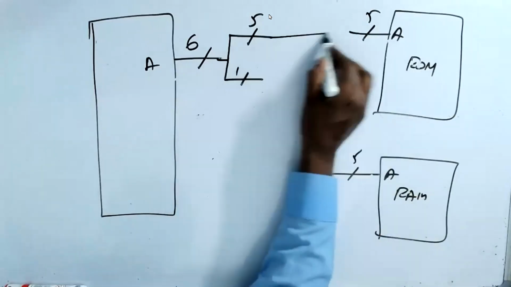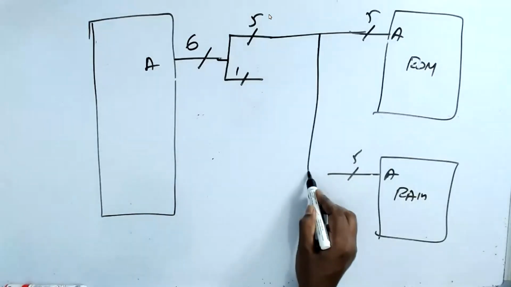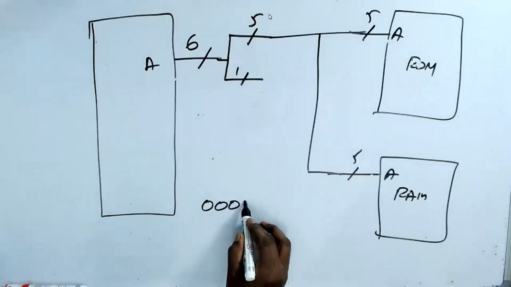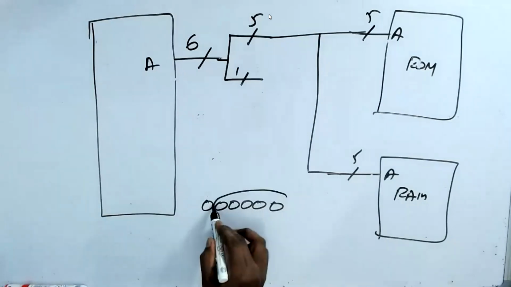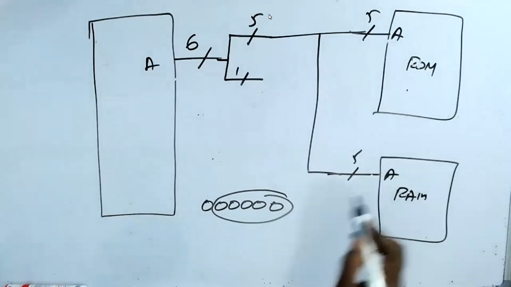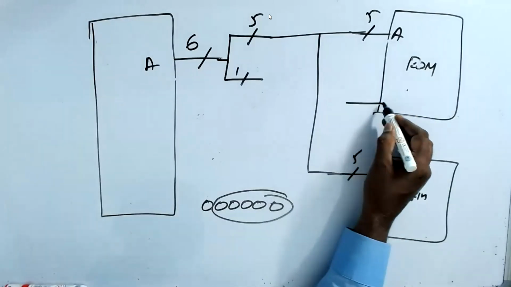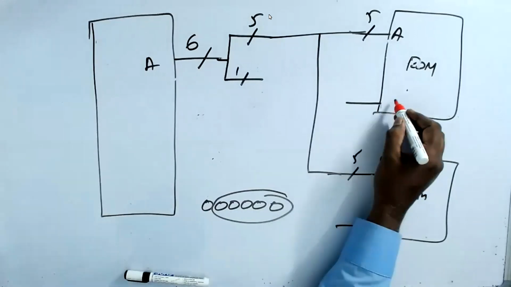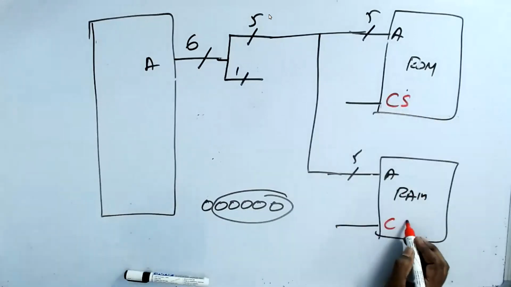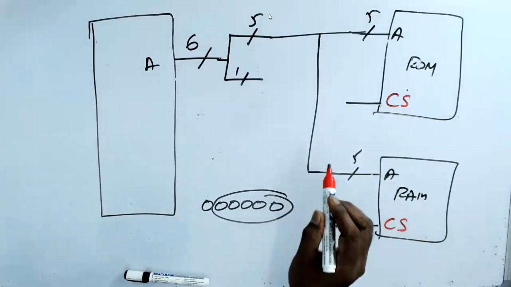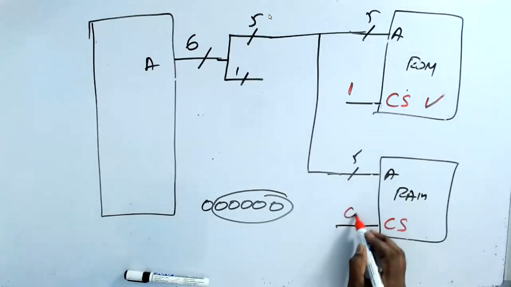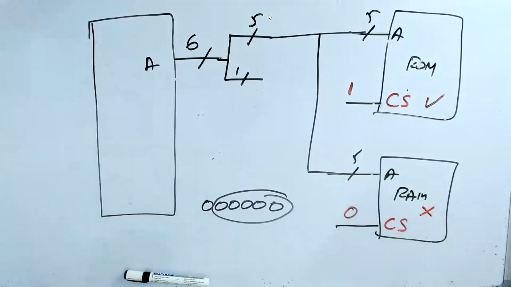I connected this. So when the microprocessor gives the address, the first 5 will go to both. But they have a signal called chip select. Only when CS is 1, the chip will be selected. If it is 0, the chip will not be selected.